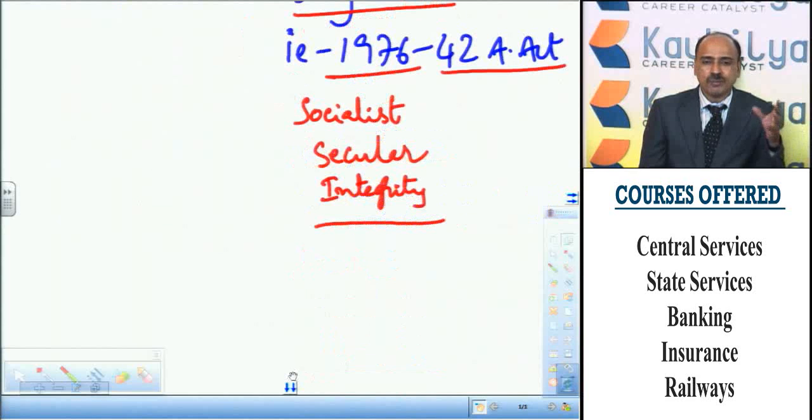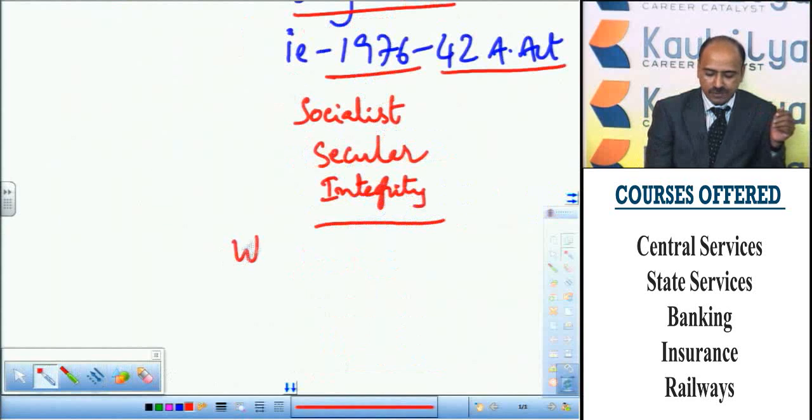What does the whole text of the preamble explain? The preamble starts with "We, the people of India." The first word written in our constitution is "We." We means the people of India.